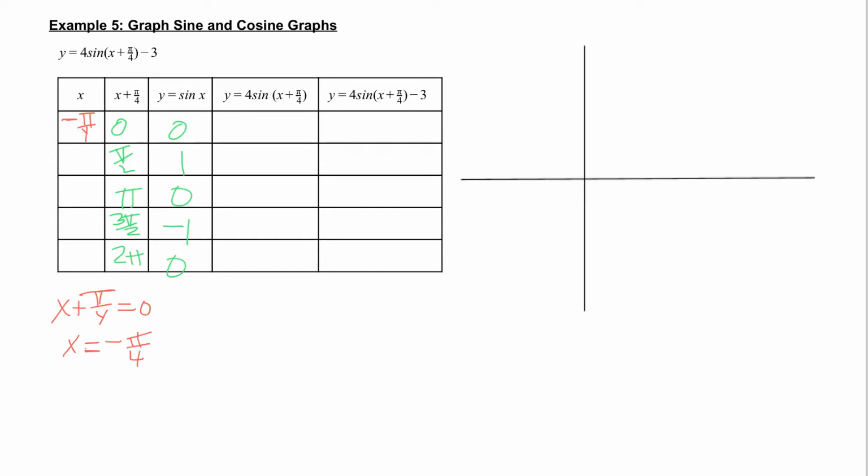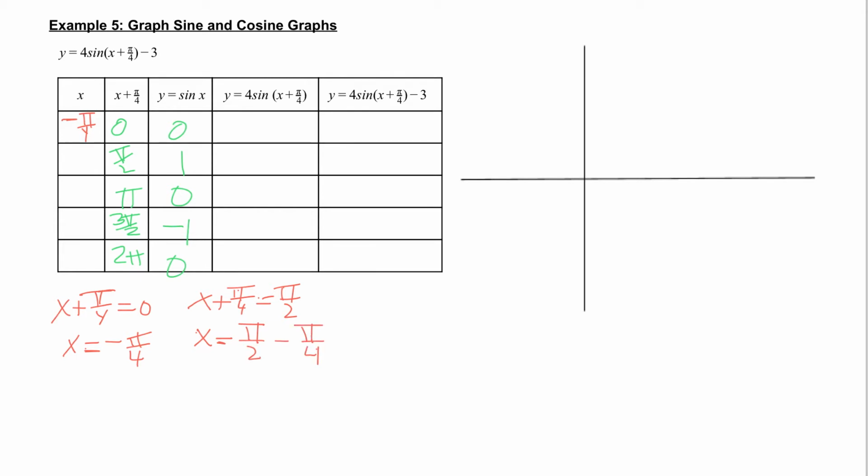Then we're going to take that x plus pi over 4, and we're going to set it equal to pi over 2. Now, we're subtracting pi over 4, so we get x is equal to pi over 2 minus pi over 4.